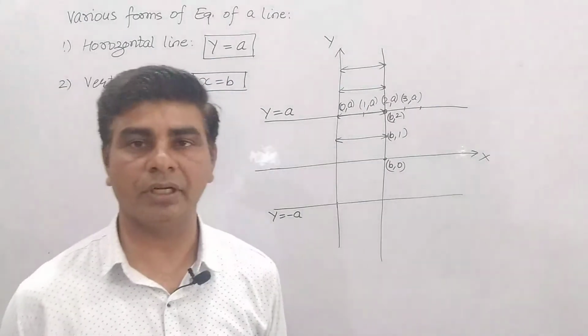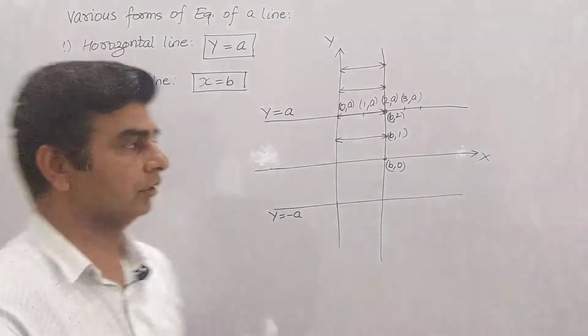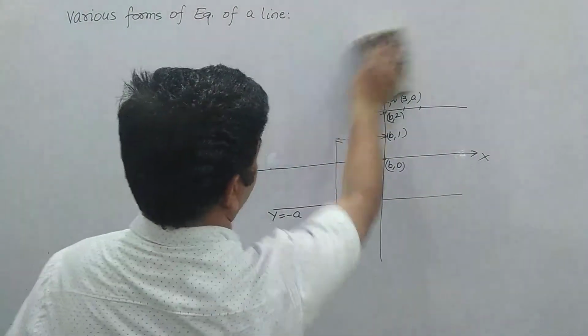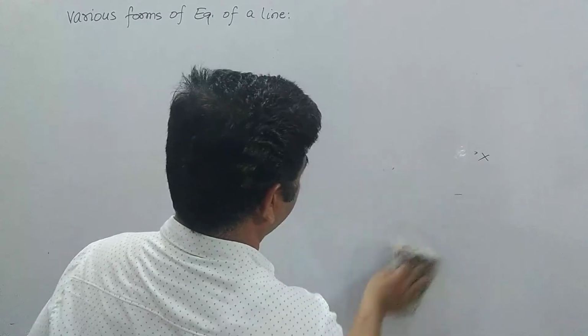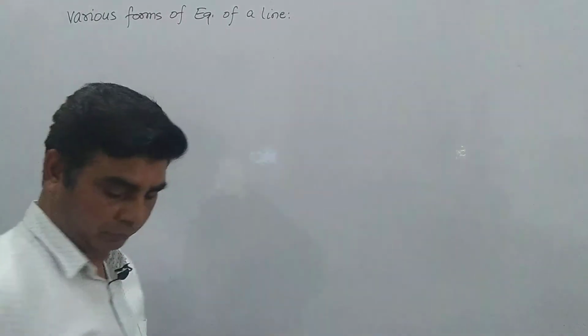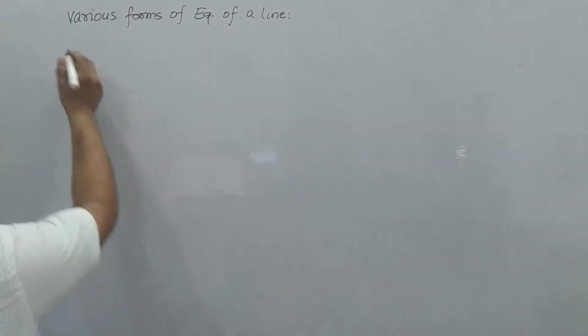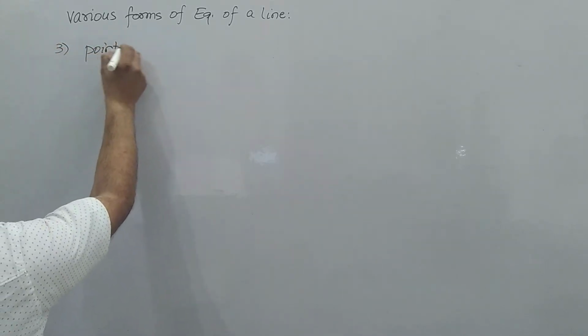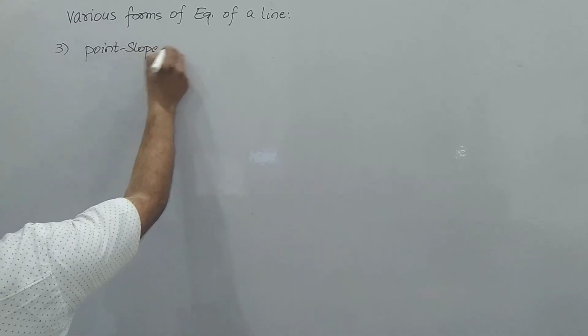Now let me discuss the third form of the equation of a line, which is known as the point slope form. Let us write down first of all point slope form.